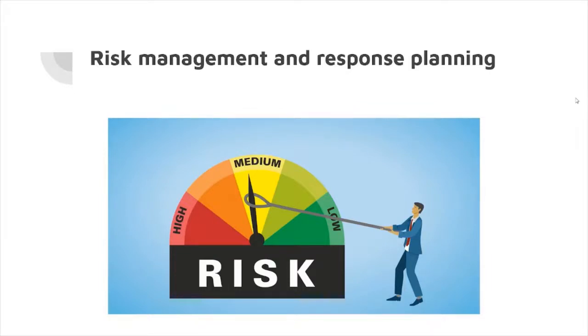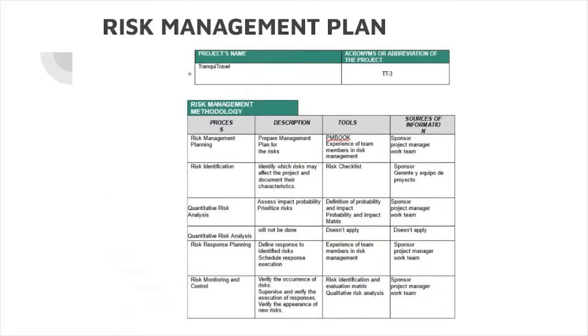Risk management and response planning. Here we have the risk management methodology. First, the processes: risk management planning, risk identification, qualitative risk analysis, quantitative risk analysis, risk response planning, risk monitoring and control. Next, description.